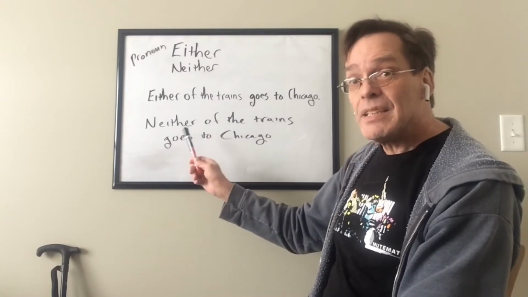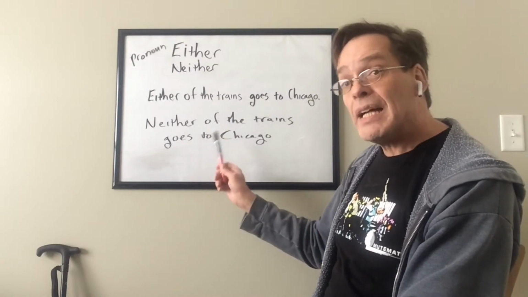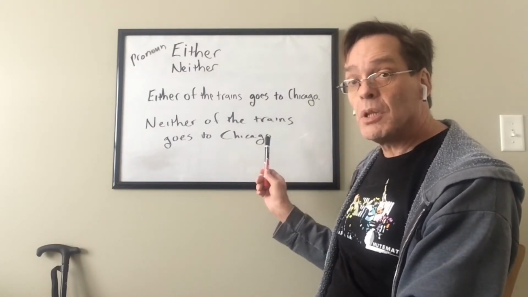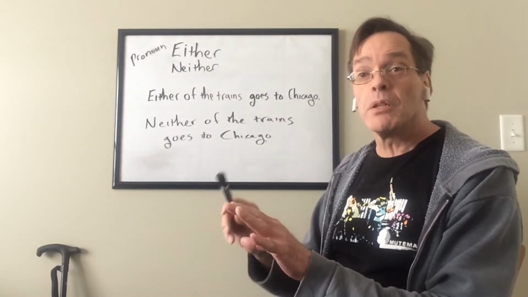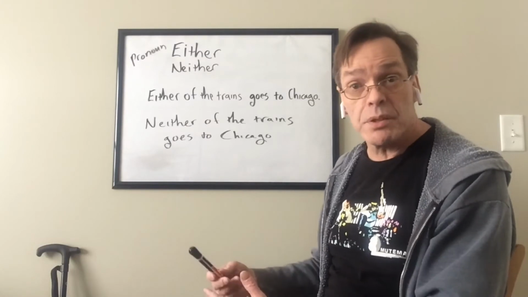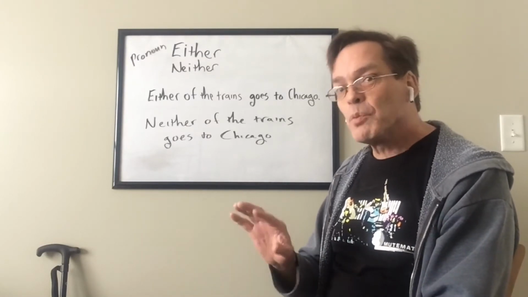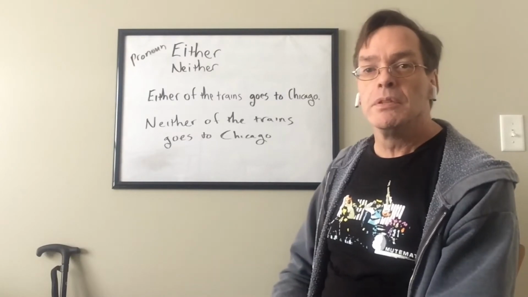You cannot use one train to go to Chicago, and you cannot use the other train to go to Chicago. They seem very similar to how they're used as an adjective. So it's not really a big difference in the meaning of them.